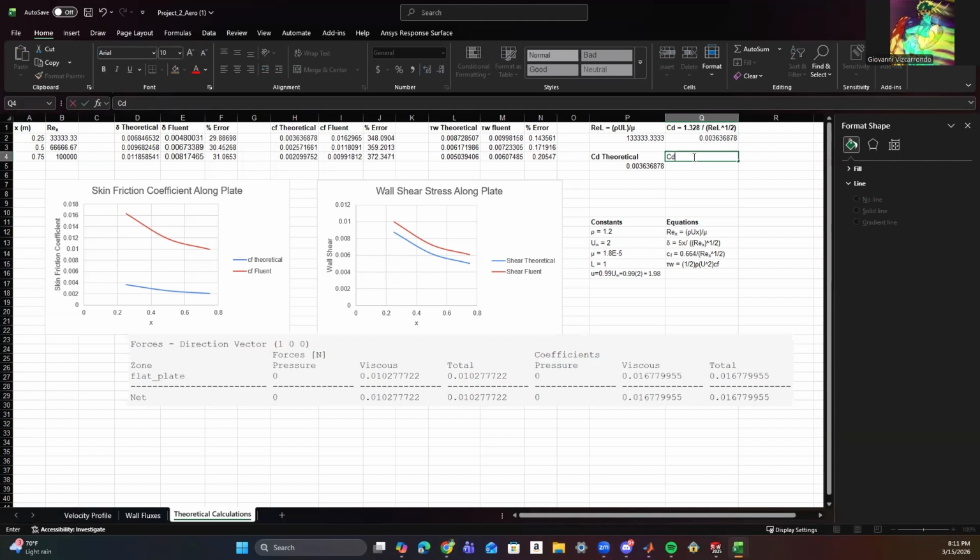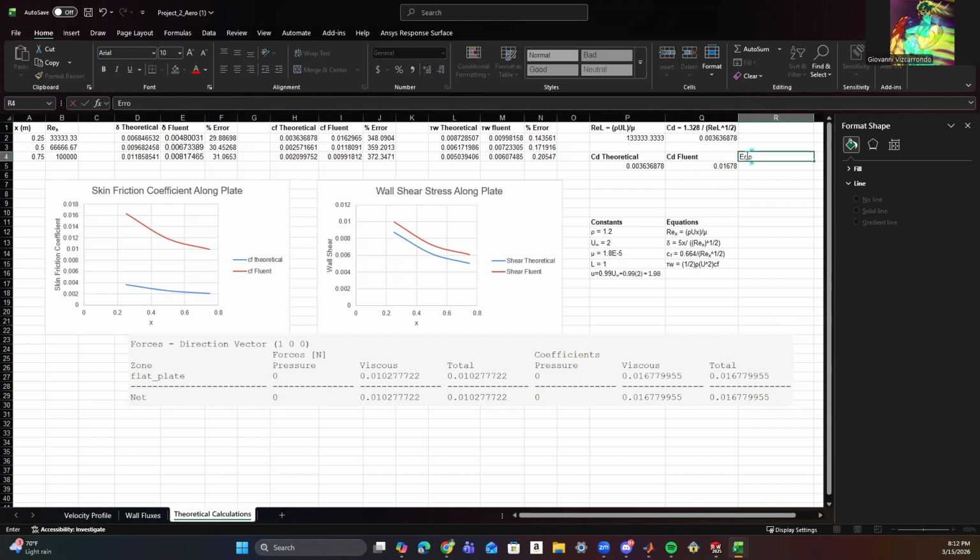So we're going to do CD. Pretty sure I had CD Fluent in here, right? Doesn't matter. CD Fluent. All right, and then we're going to do bold, and then we're going to put in 0.01678.